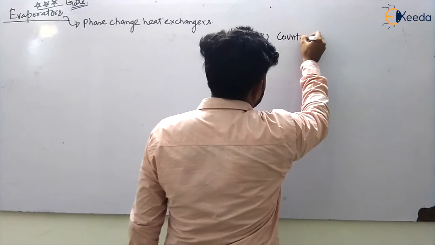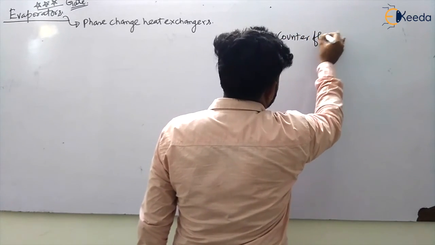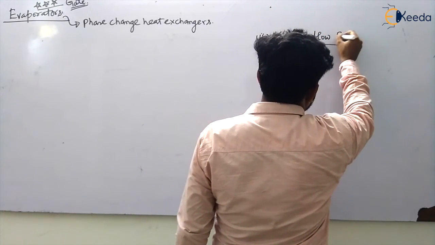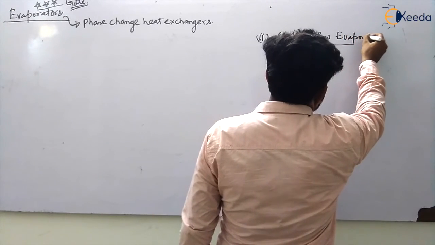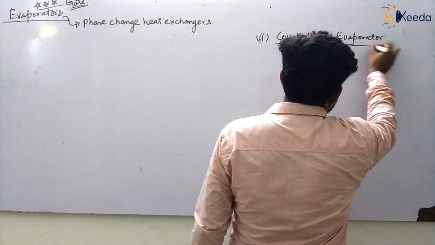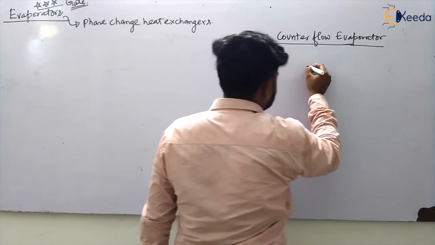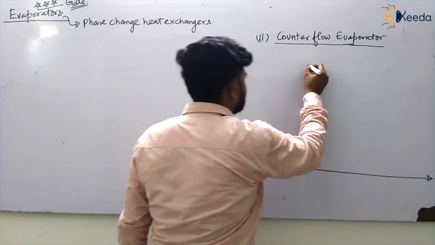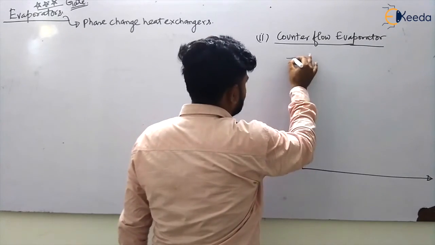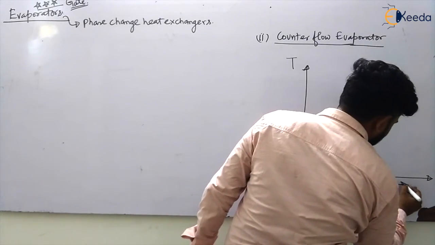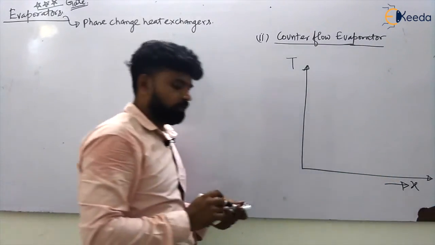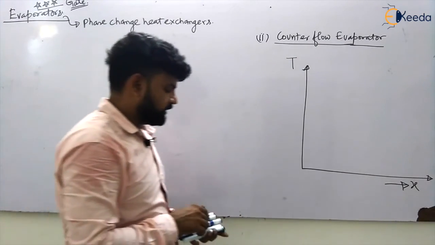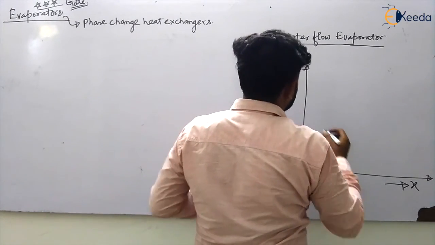For counter flow, my dear students, counter flow evaporator. If there is a counter flow evaporator, can we plot the temperature profiles of both the fluids? That is your T here, that is your X along the length of the evaporator.